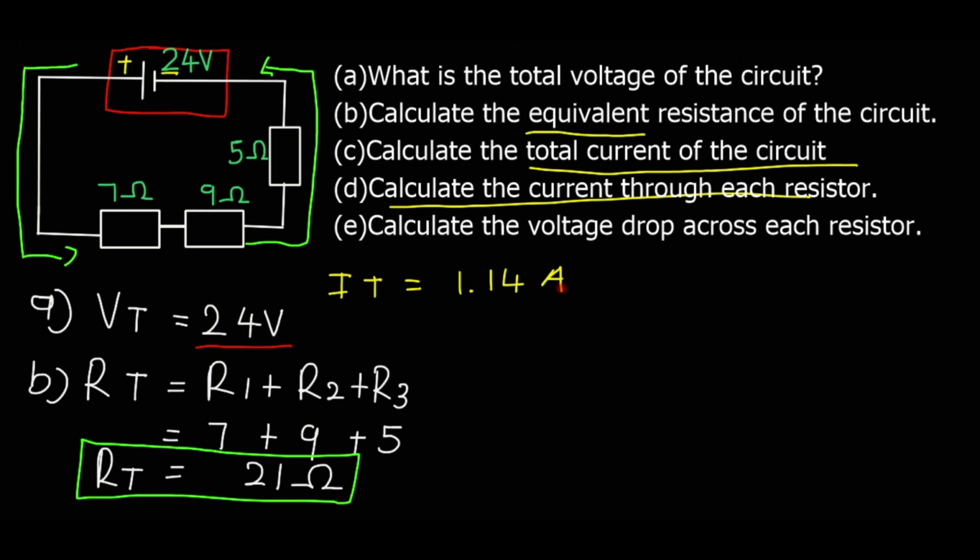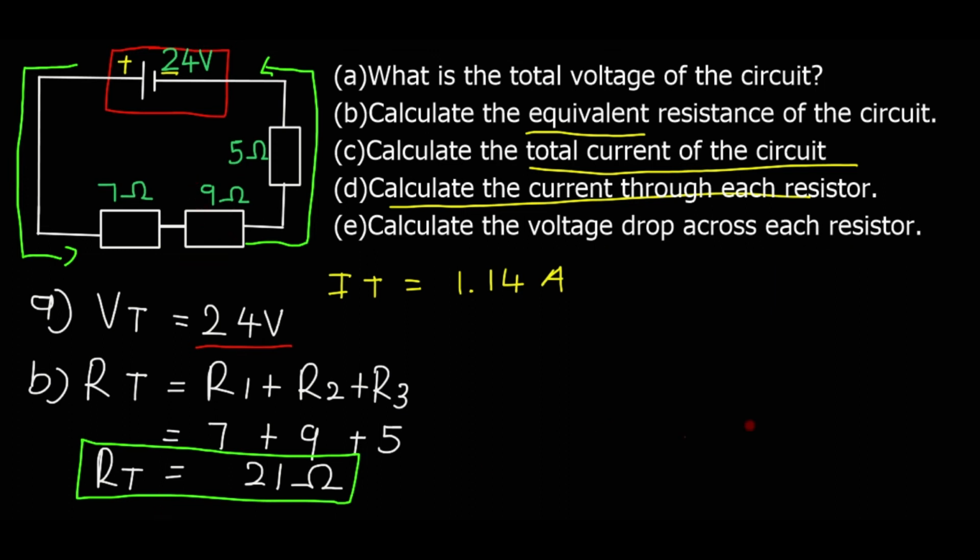And then part E, recalculate the voltage drop across each resistor. We want to know what voltage this resistor has, this one has, and even this one has, because we know that for a series connection the voltage divides, so this 24 volts goes partly here, partly here, and partly here. So we want to know how much voltage each resistor takes from this 24 volts.